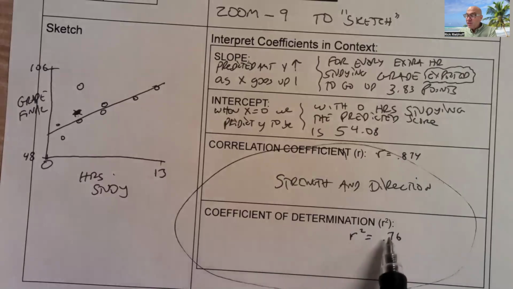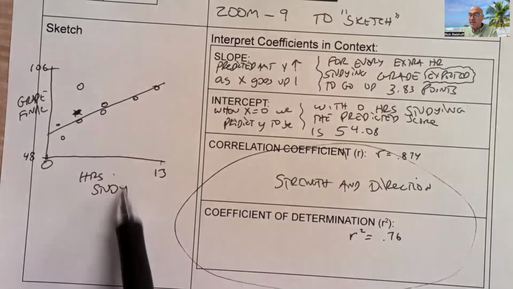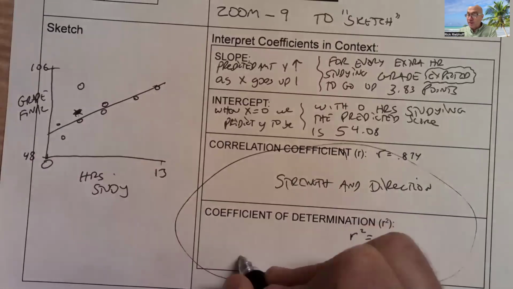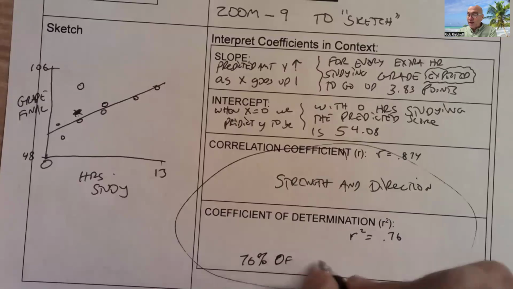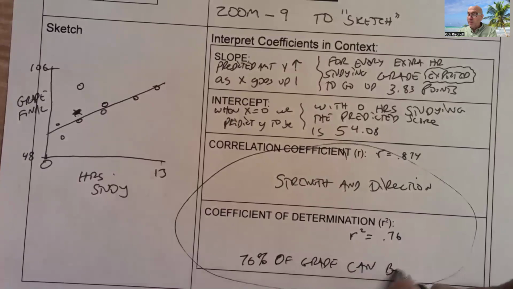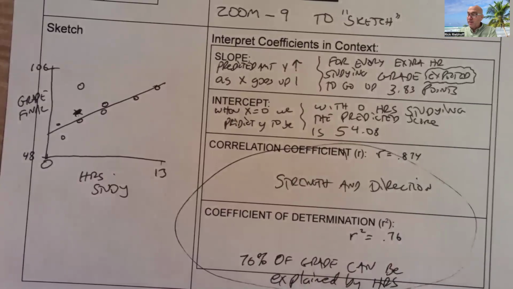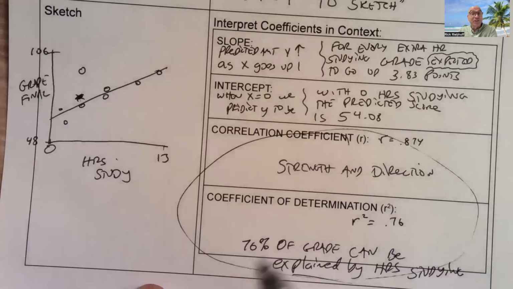The coefficient of determination gives you the percent of your y variable that is explained by x. So for this one, 76% of your grade can be explained by hours studying. Looks like there are other factors besides studying that can explain your grade, which should make sense.